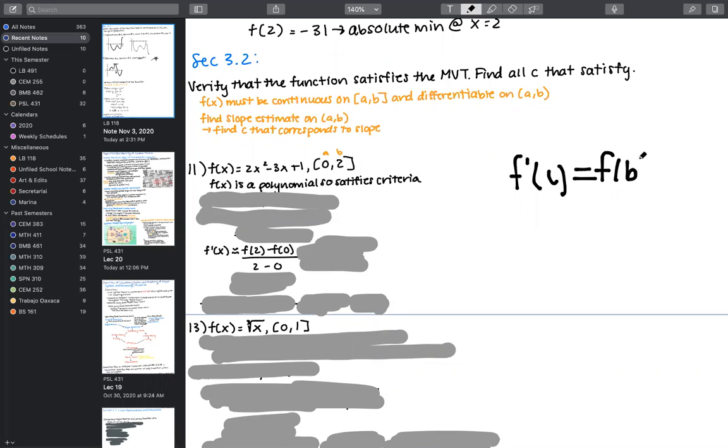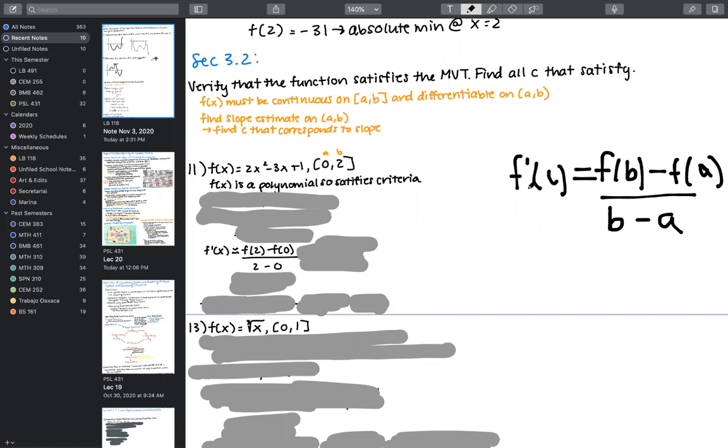So it's going to be f of B minus f of A. We want to find some value C that is between A and B such that the derivative at C is equal to the estimation of the derivative from A to B.